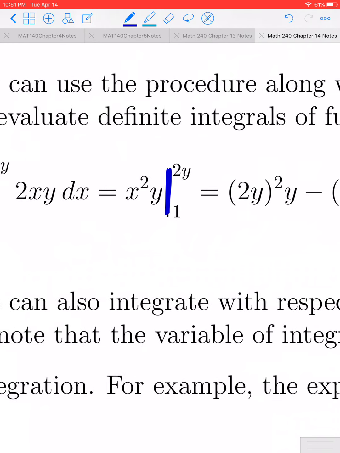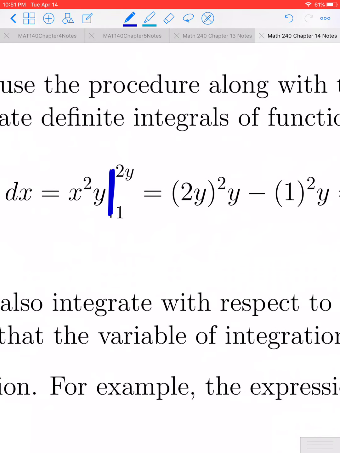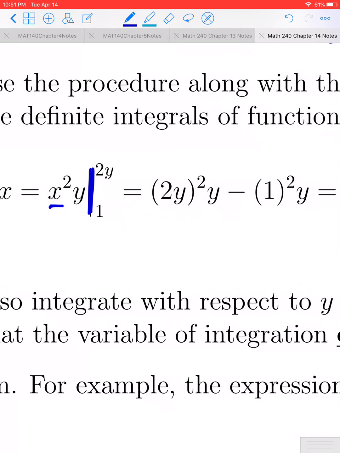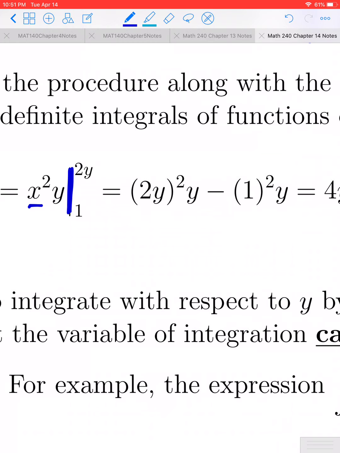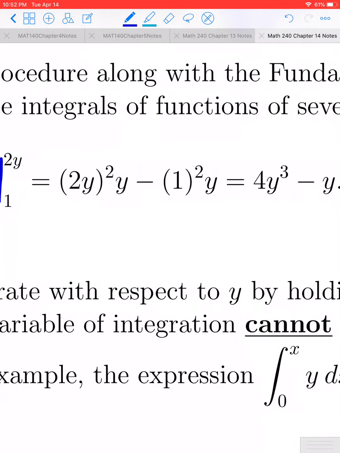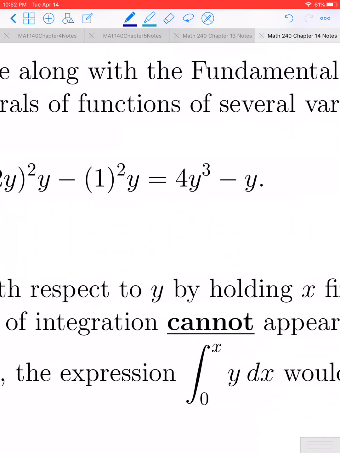The fundamental theorem of calculus says you would substitute in the upper limit of integration into your variable. So everywhere we see an x, we would put 2y. So it's going to be 2y squared times y. And then subtract that function evaluated at the lower limit of integration. That would be replacing the x with 1, and we get 1 squared y, which would produce 4y cubed minus y.